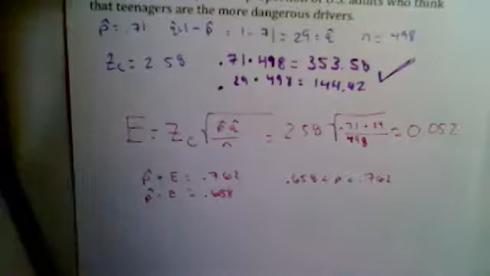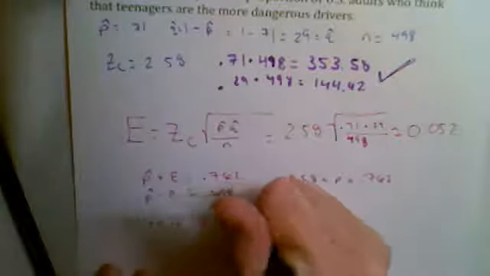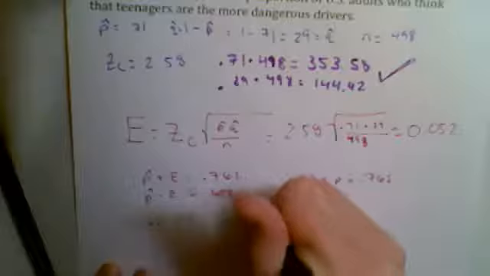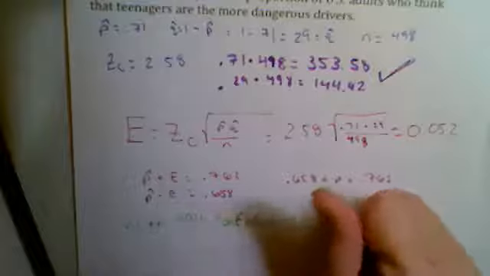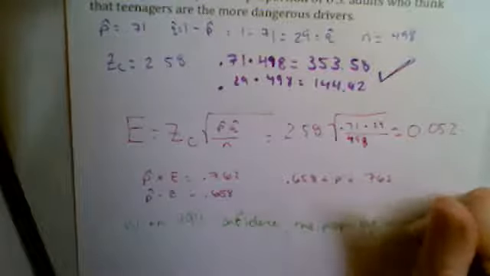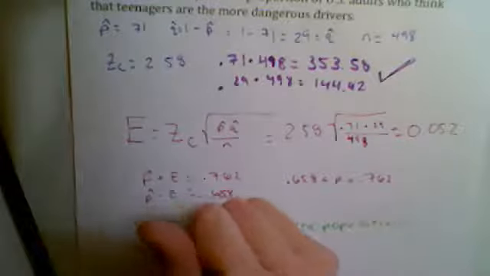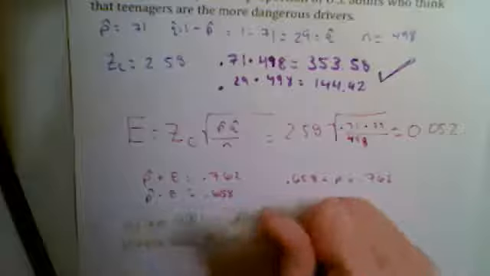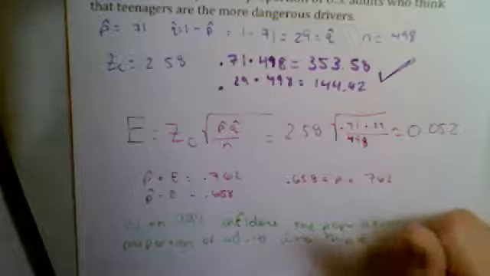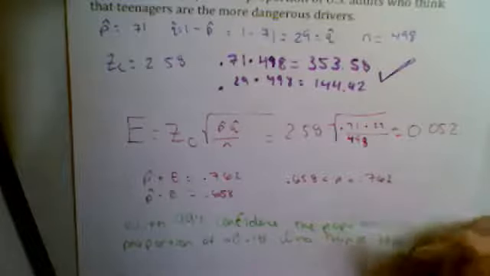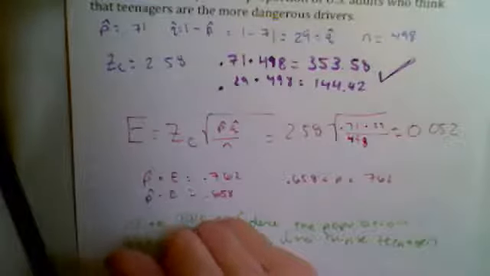So we can say, with 99% confidence, the population proportion of adults who think teenagers are more dangerous drivers.